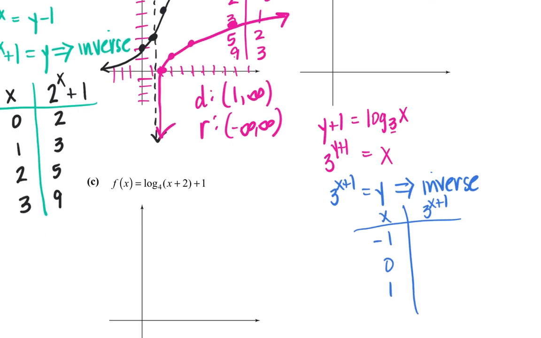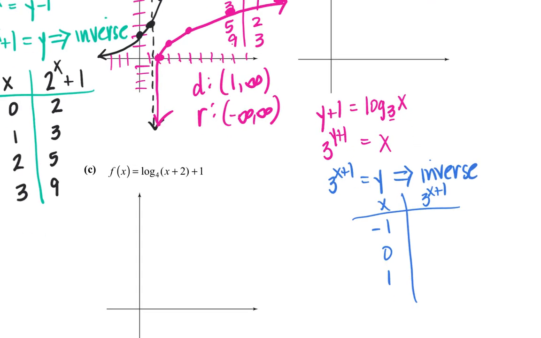So we got 3 to the -1 plus 1, which would be 3 to the 0, which would be 1. 3 to the 0 plus 1 would be 3. And 3 to the 1 plus 1 would be 3 to the 2, which would be 9.